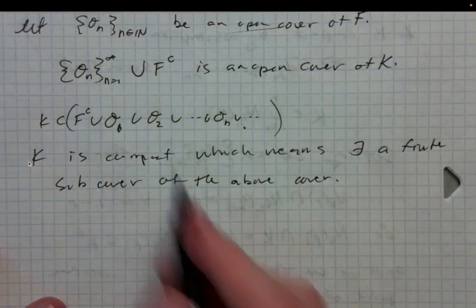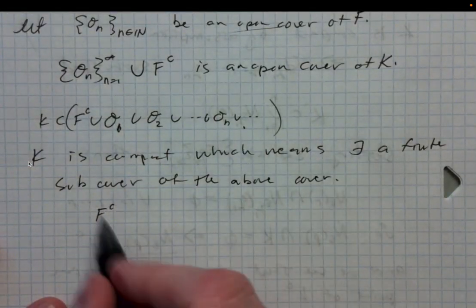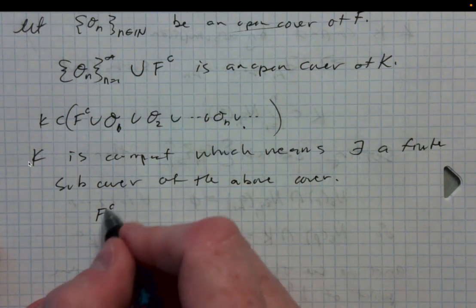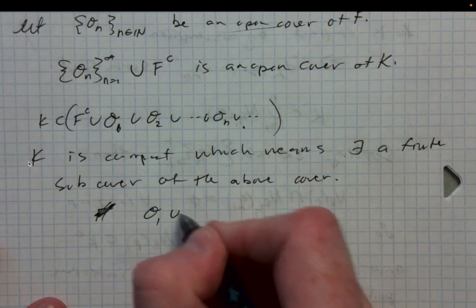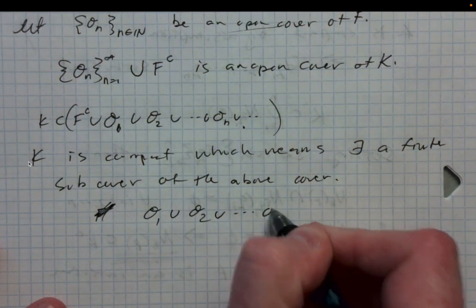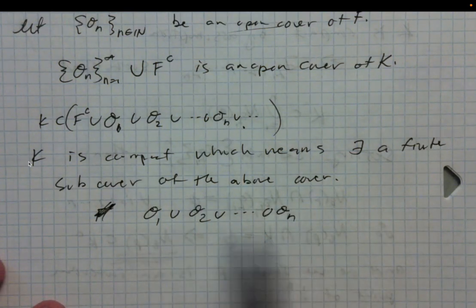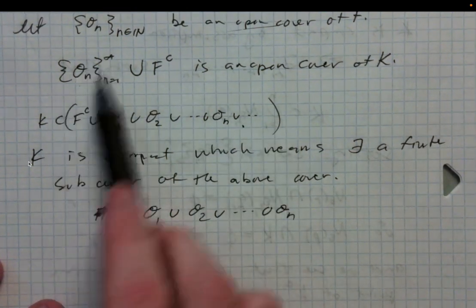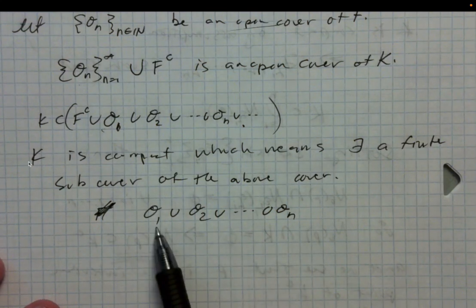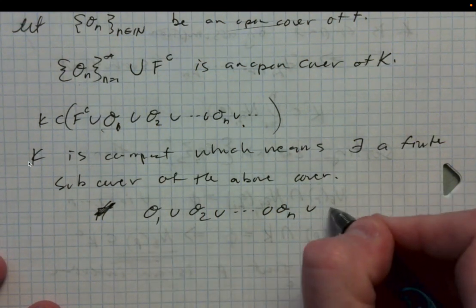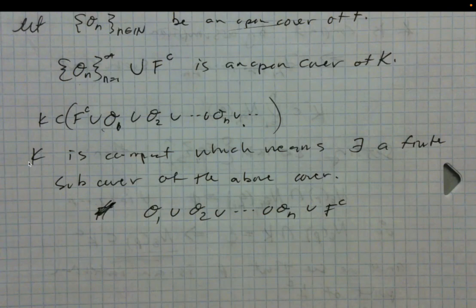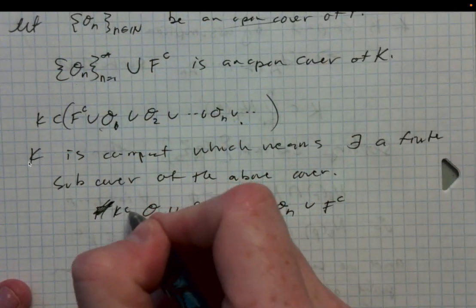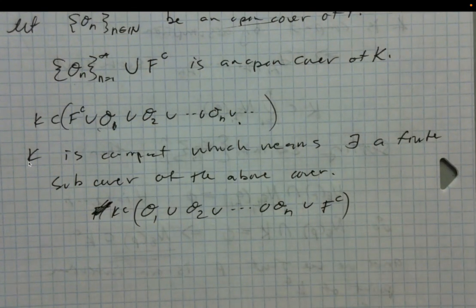So for example, we'll say O1 or O2 or ... or ON. Some finite subset of this infinite collection, together with F complement, must cover all of K. K is in there. And so this also covers F, since F is a subset of K.